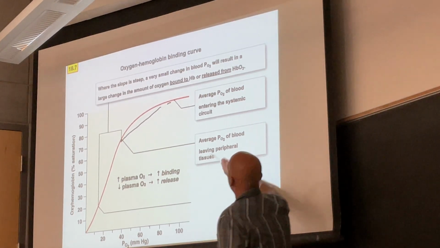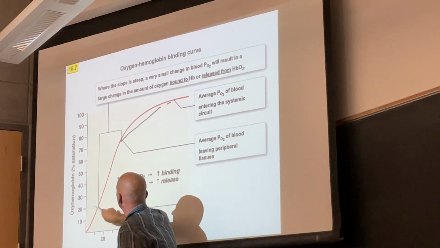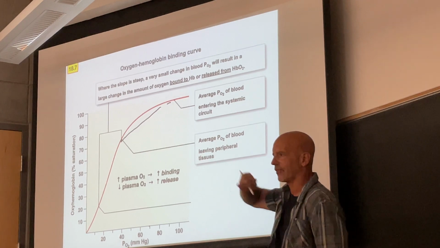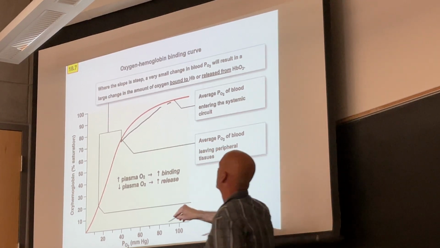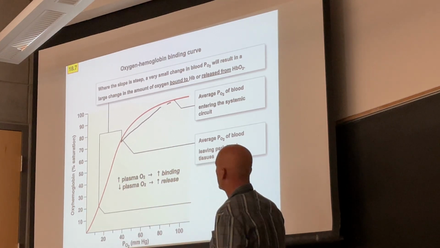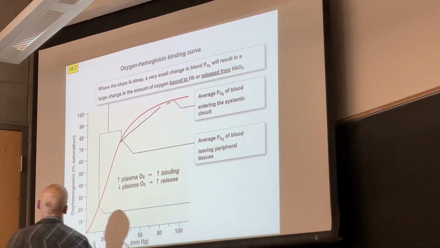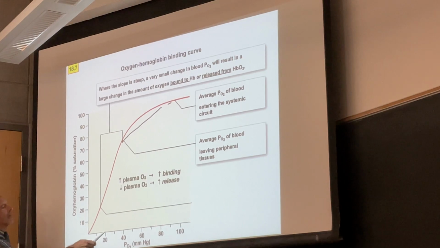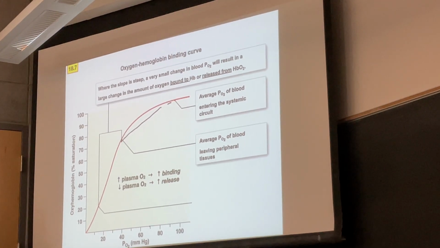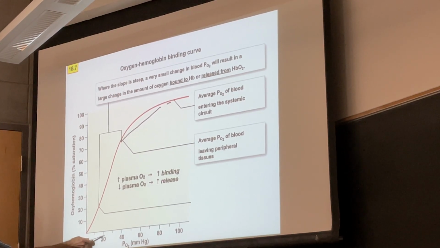So from this area over here to where the oxygen saturation was about 20, that's a very steep curve. There's a very fast dissociation, or binding, however you want to think of it. When the pressure of the oxygen is very low, the saturation is going to be very low, which means that if the tissue, say skeletal muscle, was working really hard, it would have used up the oxygen.